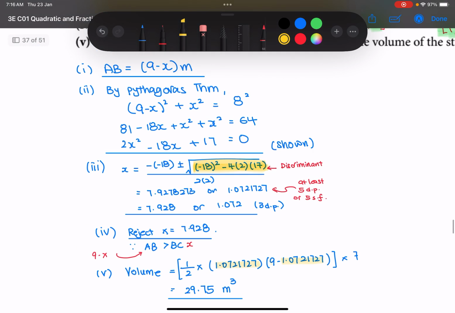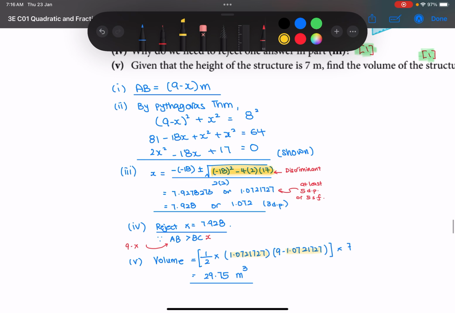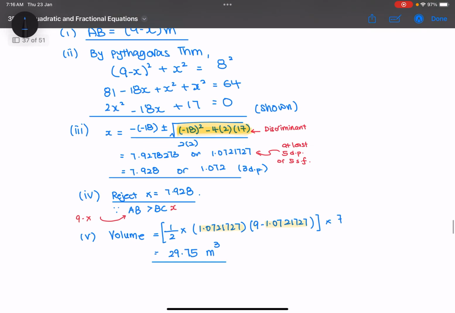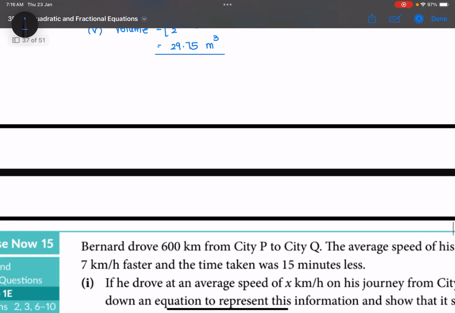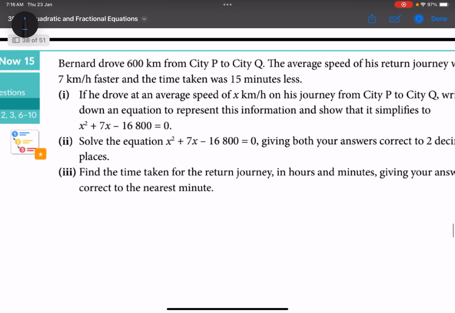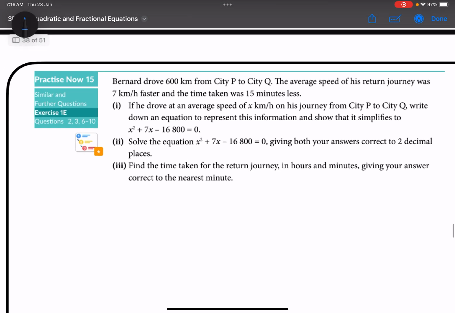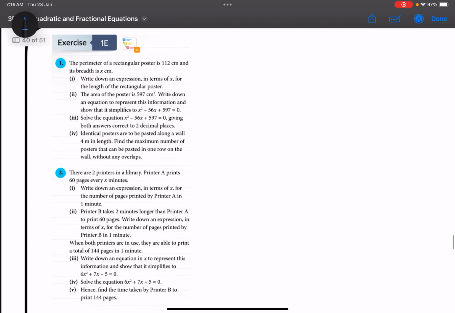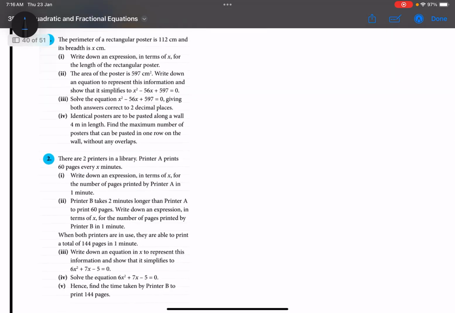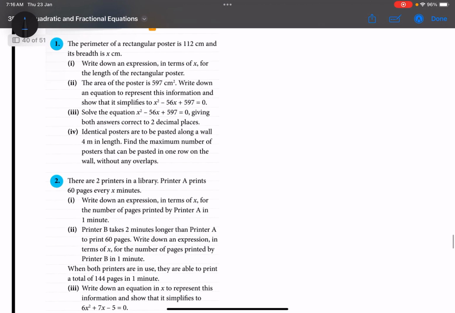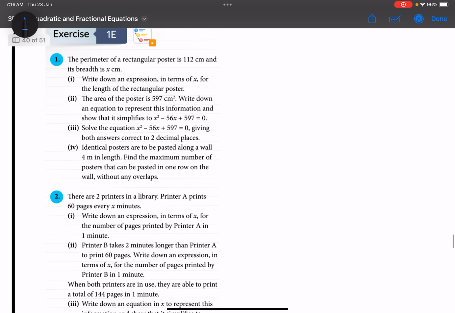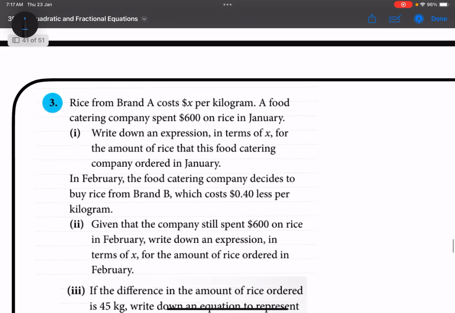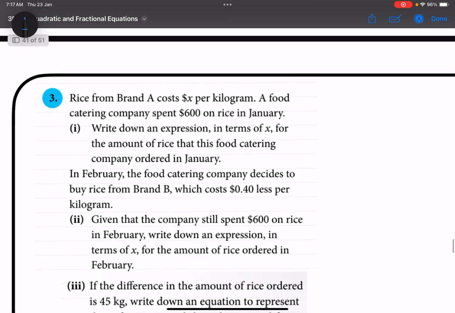Can? So this question, 9 marks. I know Alphonsus finished the Sec 2 worksheet already. So, finish the worksheet already? You move on a little bit. I've left space for this question. So, if you are done, like Alphonsus, please help me with practice 1E, question number 1 and number 2. 1, 2, 3 lah.